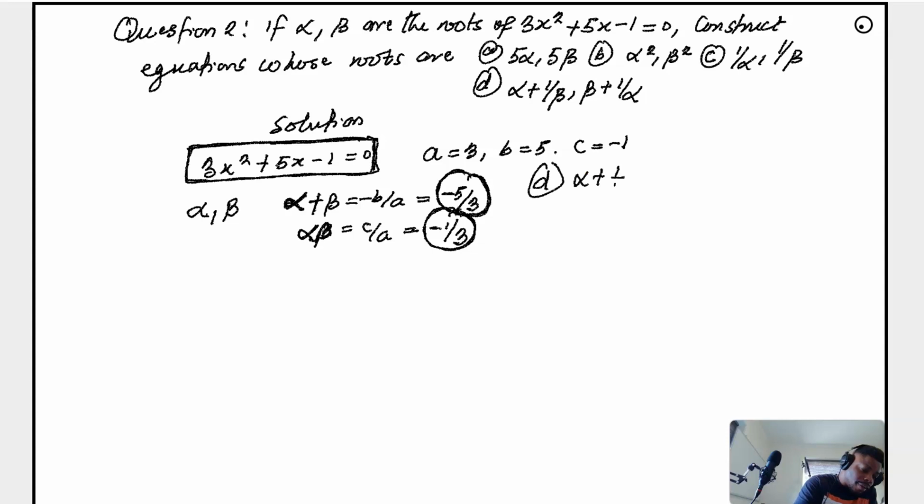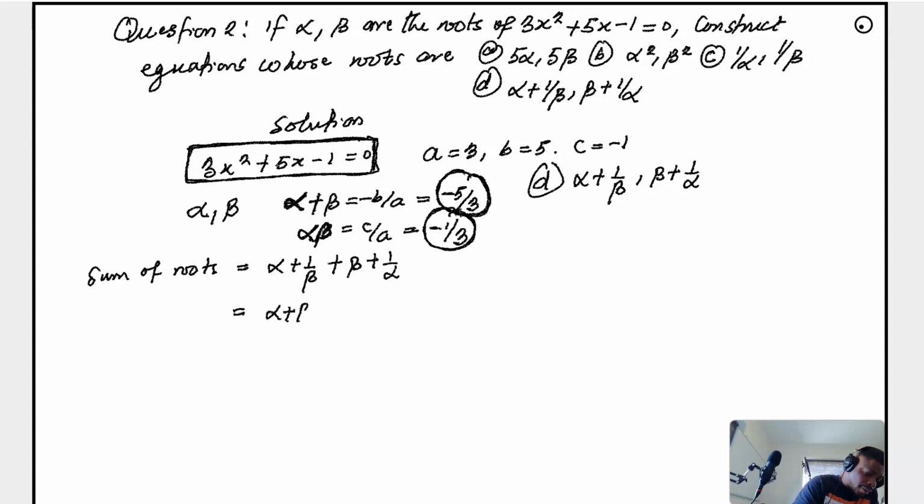Now let's take the last question, D: alpha plus 1 over beta, beta plus 1 over alpha. So the sum of roots: I have to add the roots together. So this is alpha plus beta plus 1 over alpha plus 1 over beta.